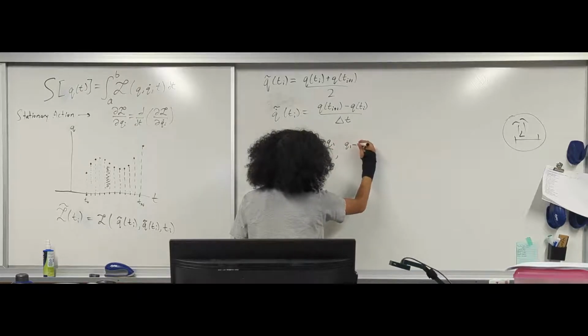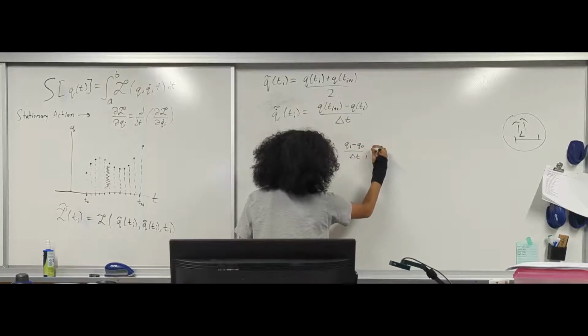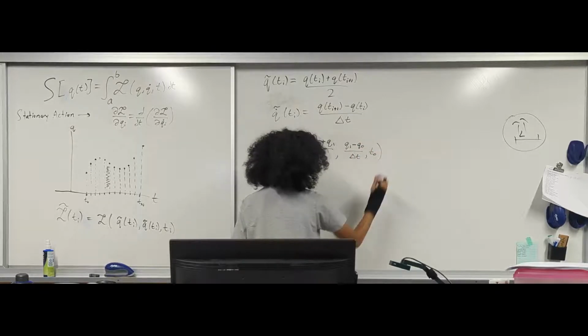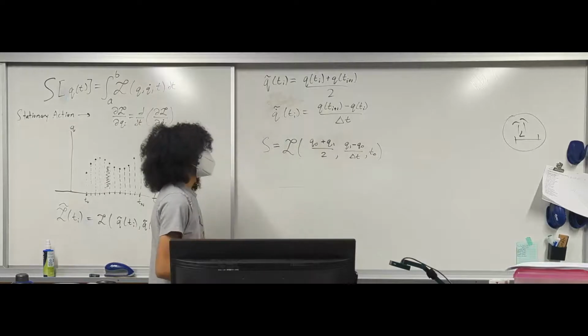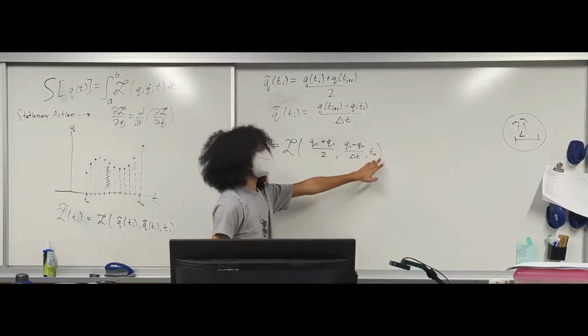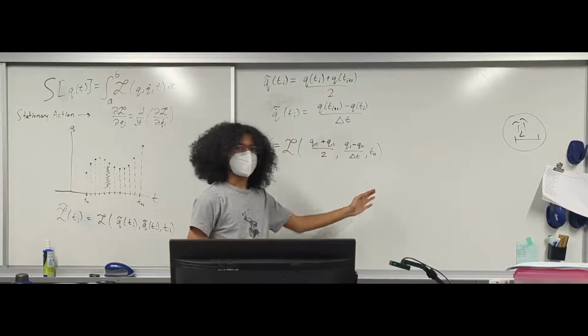And then the average velocity would be q1 minus q0 over delta t. And this is at t0. If you want, you could also do the average time, but I don't think it actually matters.